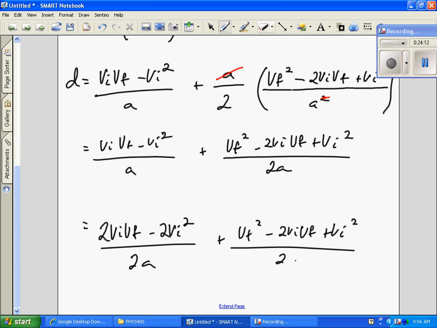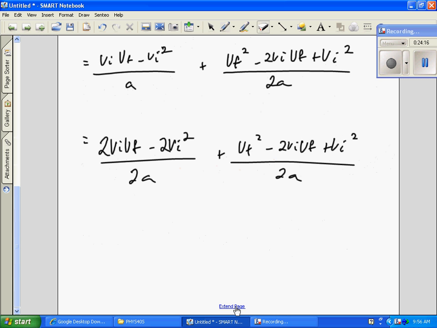We're getting close. Because what's going to happen here all of a sudden? It's all going to combine. It's all going to fall out nice. Very nice. Okay, so it's all over 2a. Now I'm going to put my Vf squared first.